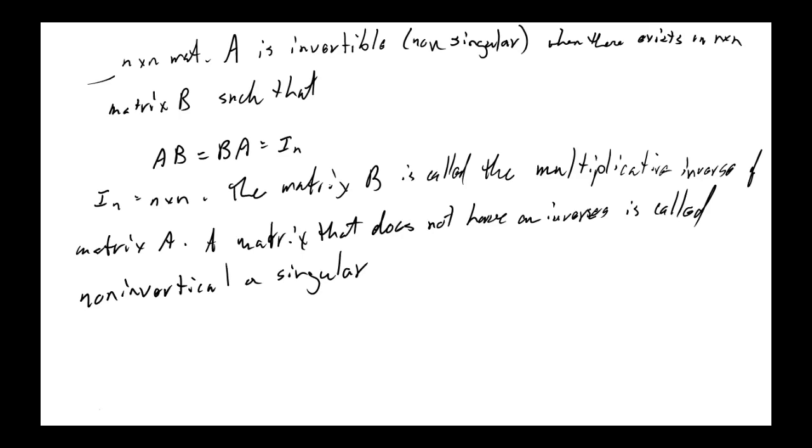Because note, if A or B was not square and of the same size, then A times B, you might be able to do it if this is a 2 by 3 and this is a 3 by 7 or something like that. Yeah, you can multiply them, but it can't happen the other way: that would be a 3 by 7 times a 2 by 3.